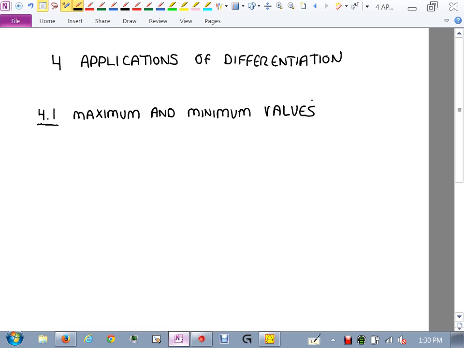So this is going to be very visual, which is a good thing. Let's just talk about what we mean by maximum and minimum values, just from the perspective of a graph.